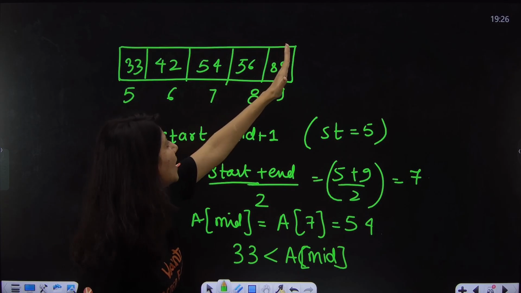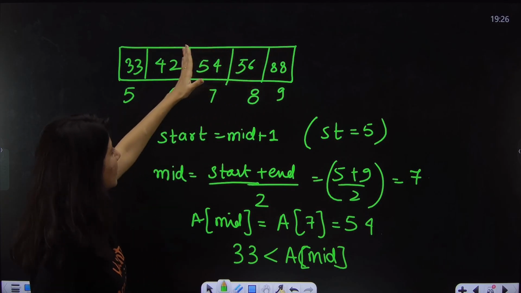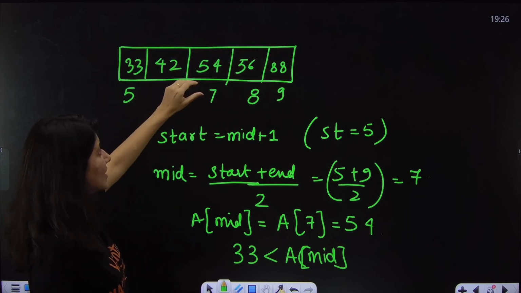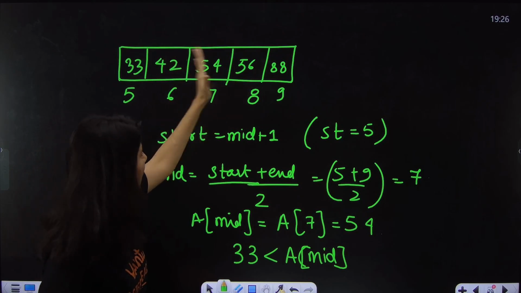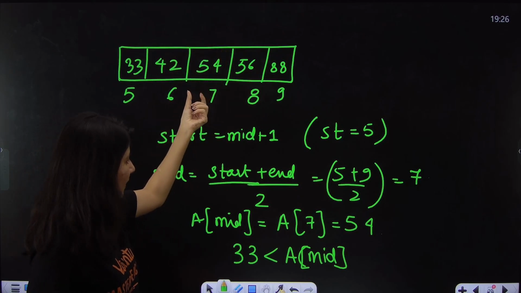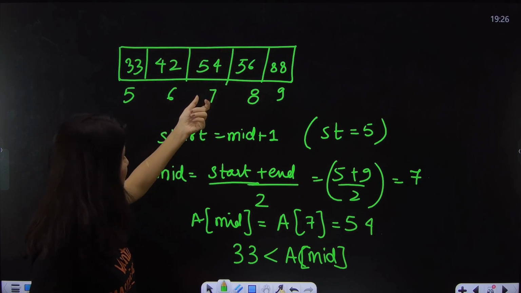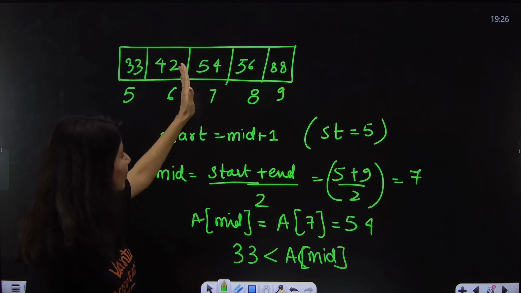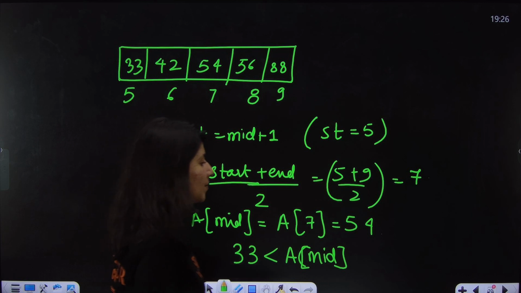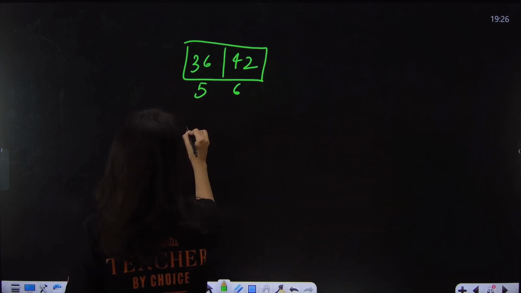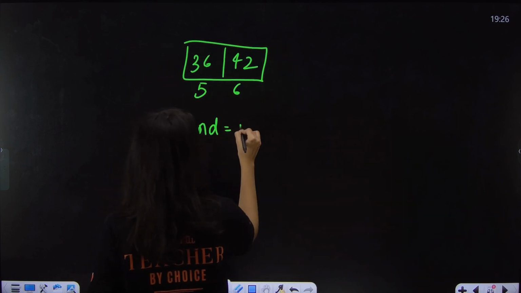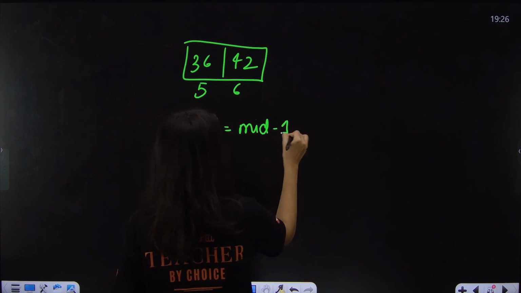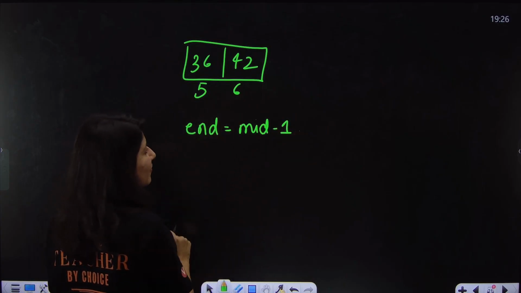You are discarding these 3 because 33 is lesser, it is coming on the left hand side. So you change end to mid minus 1. End is mid minus 1, so end will be 6.